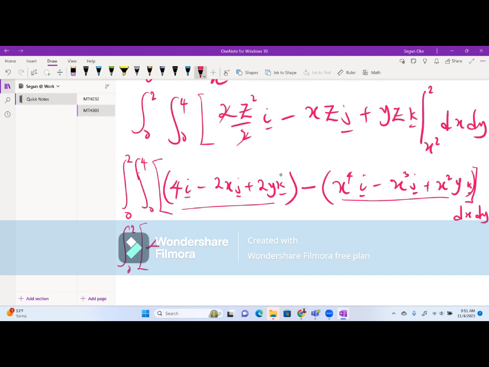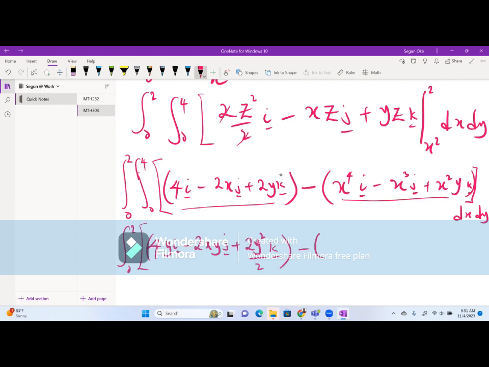So this one will be 4y i minus 2xy j plus 2y squared over 2 k.